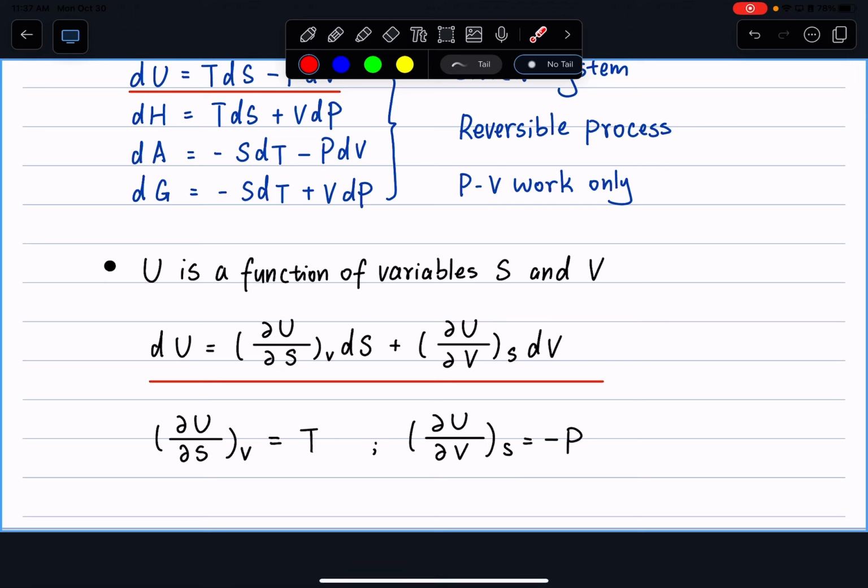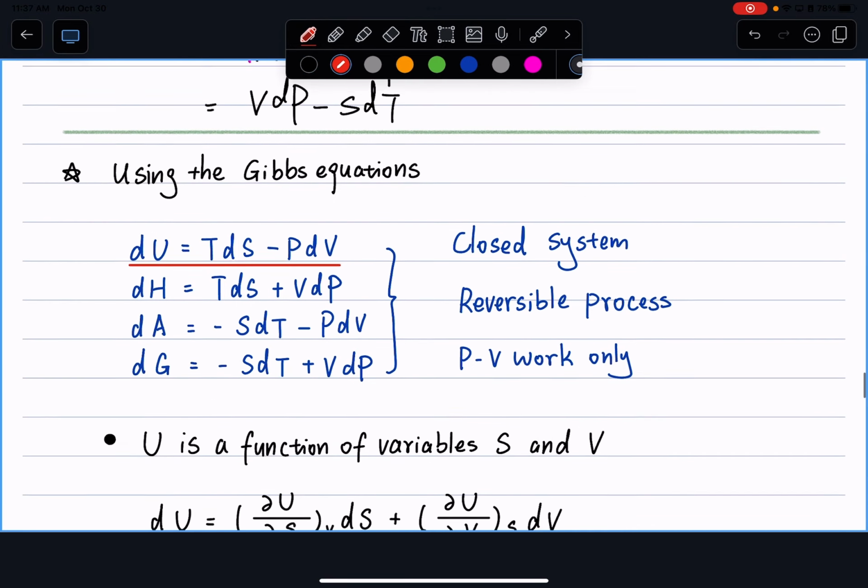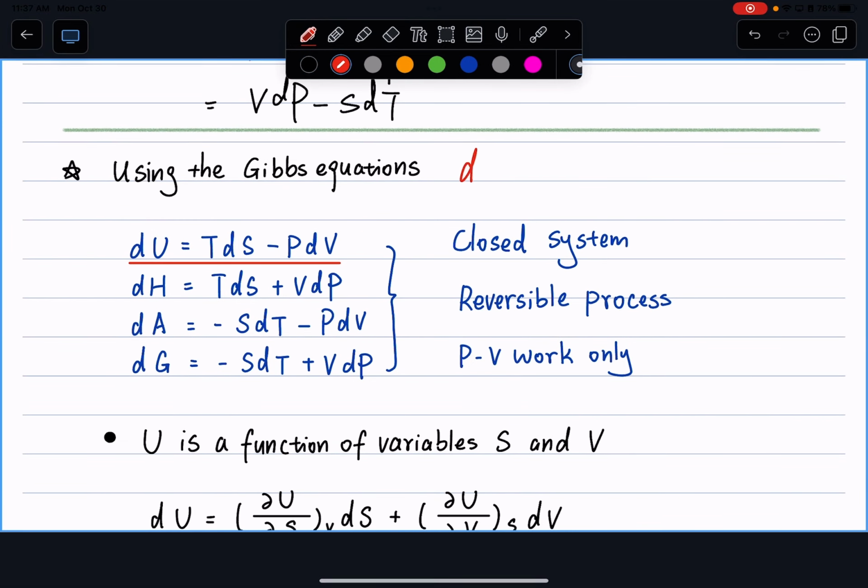It's effectively the same as saying we have some function x of a and b. You write out the partial derivative of x over a at constant b, dA, plus the partial derivative of x over b at constant a, dB. That's just writing out the total differential of your function x.